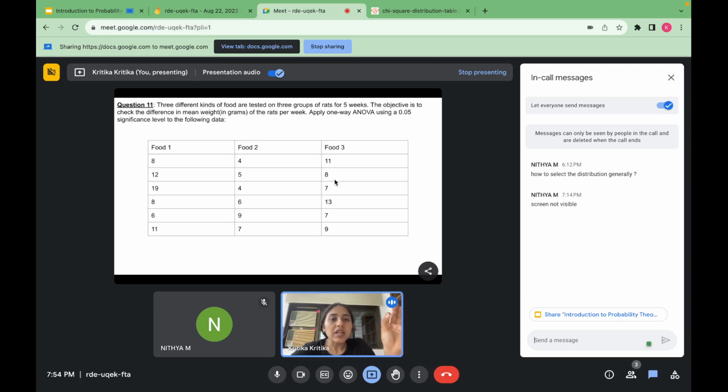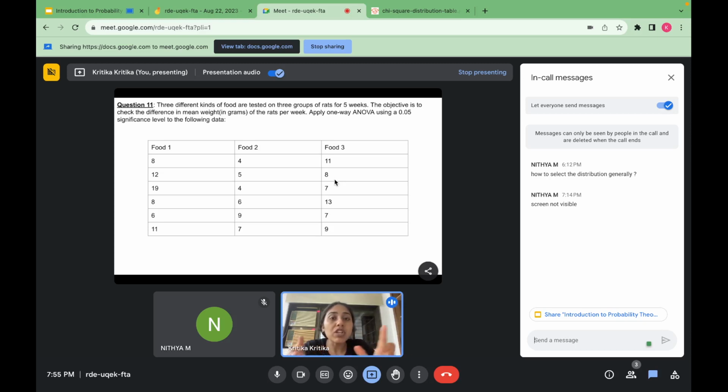If the alternative hypothesis has a not equal to sign, then it is a two-tailed test. Second, you need to see whether the sample standard deviation or sample variance is given, or the population variance is given, because based on this the test statistic will change.